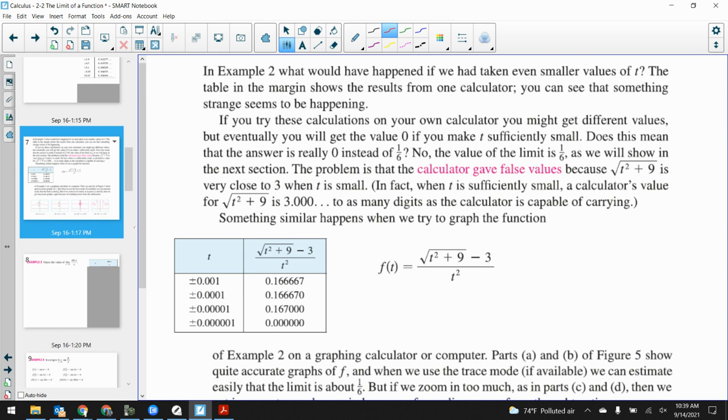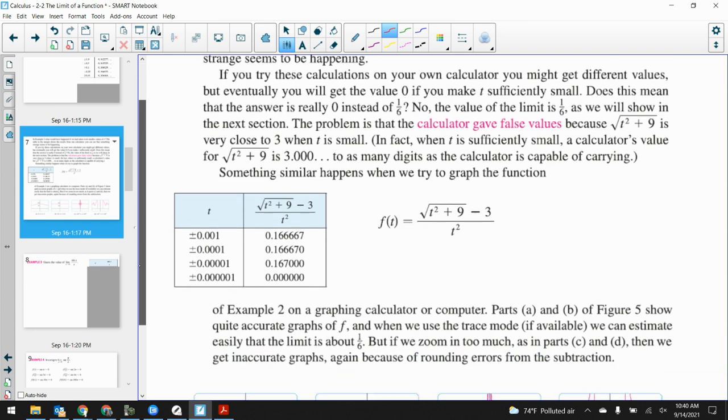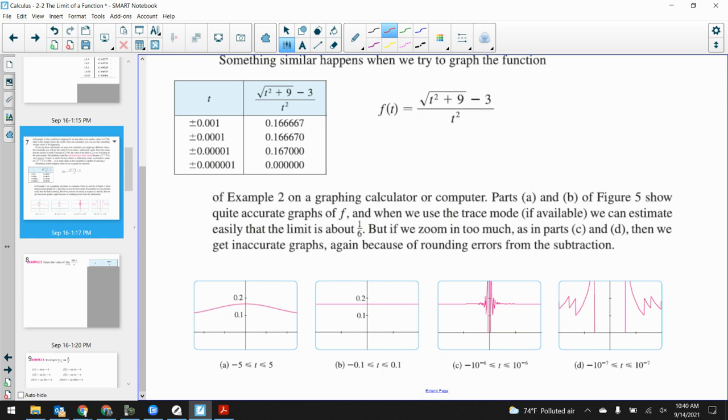So your calculator is going to lie to you sometimes. Your calculator is going to give you weird answers that don't actually make sense. The problem is that the calculator gave us false values because it got so close to 3 when t is small. Okay? This happens a lot. If we were to actually graph this and we were to zoom in and zoom in and zoom in on the axis, look at what happens to the graph.